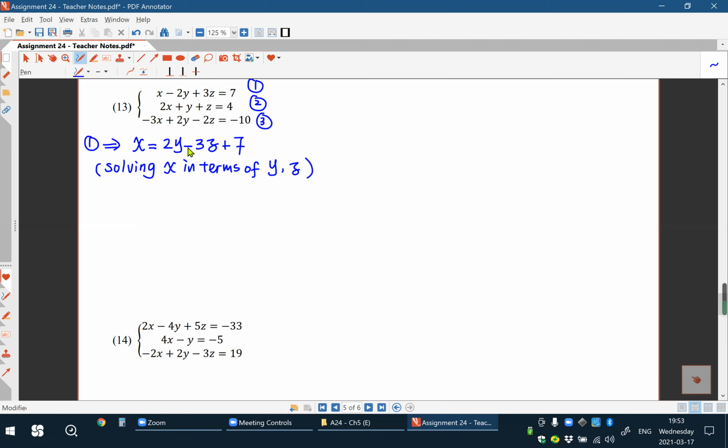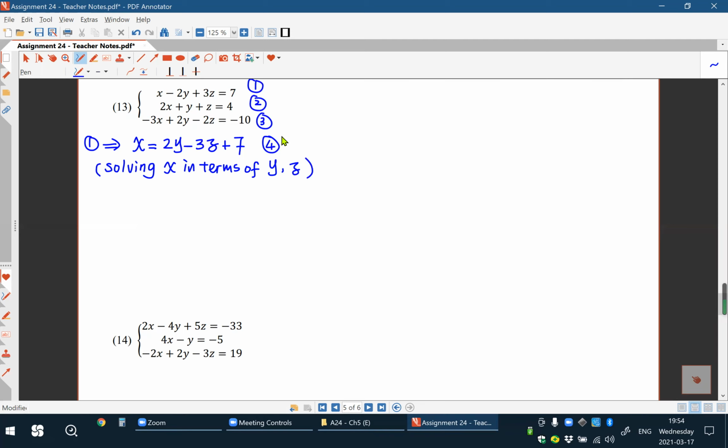Of course, you can also solve y in terms of x and z, or solve z in terms of x and y, right? The reason why I solve x in terms of y and z here is in this way, you won't introduce any ratios, right? And the problem seems a little easier for you. So let's call this number 4.